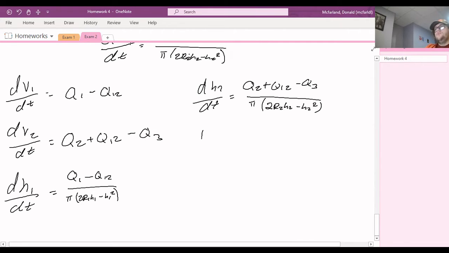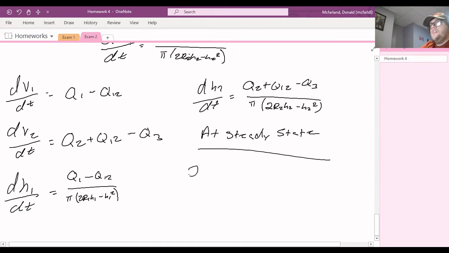And then our steady state equations. So at steady state, remember, dV/dt will be equal to 0. So Q1 will equal Q12, which is just A12 times the square root of 2g(H1 minus H2).